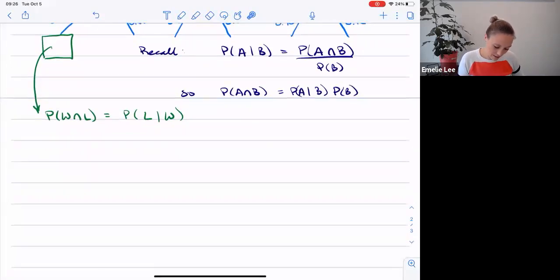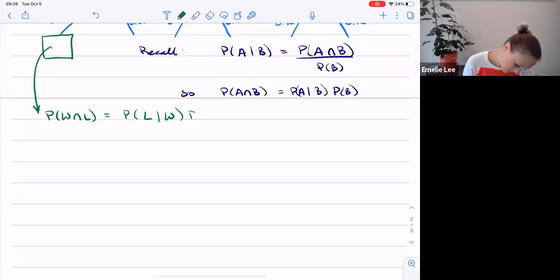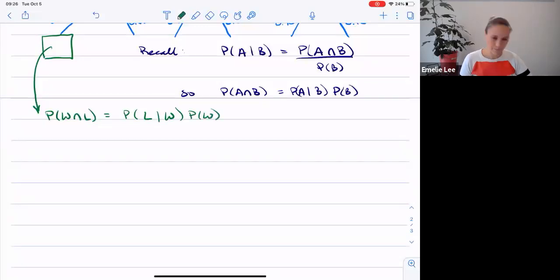So the probability of being lactose intolerant, given that they're white, then to match this setup here, I have to multiply it by the probability of just being white. So times the probability of W. Right. Notice that this W and this W, they have to match. So just make sure that you're using the right variables.